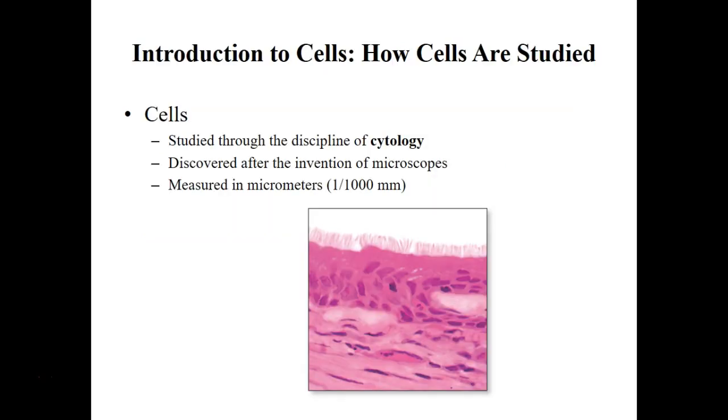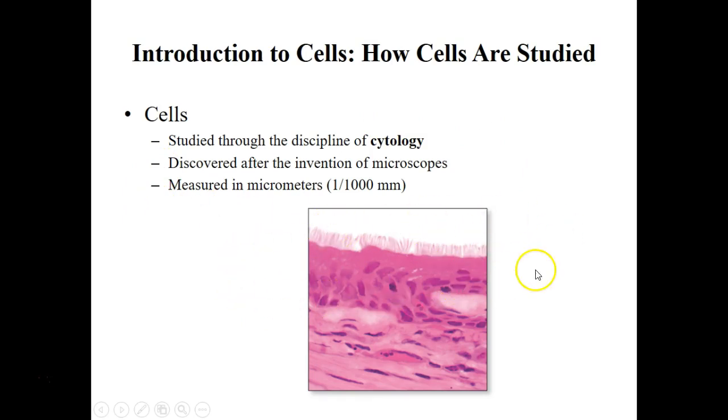So let's look at what cells look like. Cells are studied through a discipline called cytology. Cytology is the study of cells. Here you're looking at tissue that is made up of cells. Cells haven't been studied for a long time.